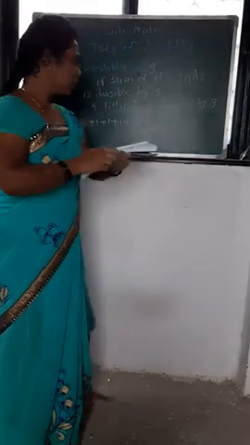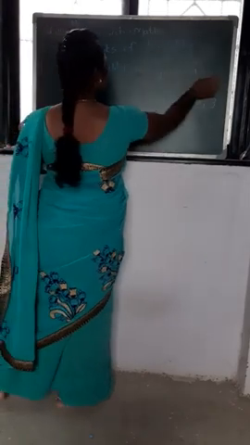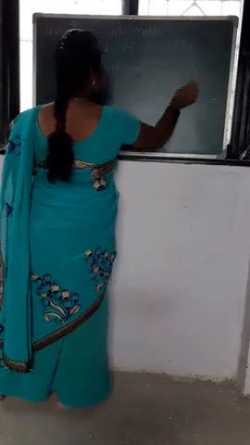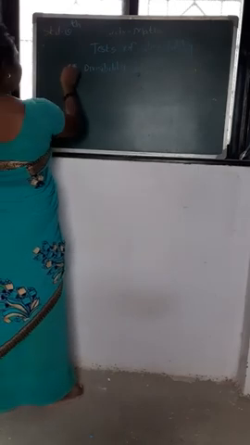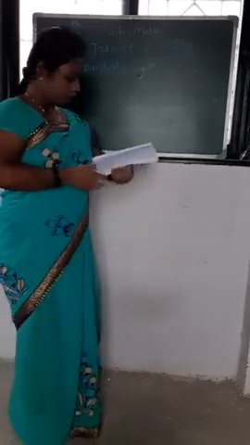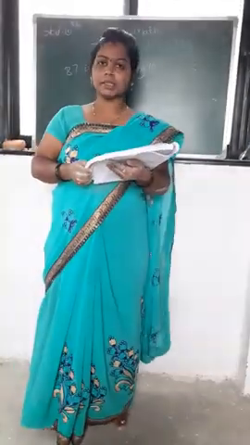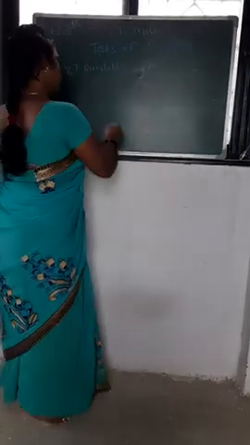Then next, the divisibility by 10. A number is divisible by 10 if it has 0 at one's place.